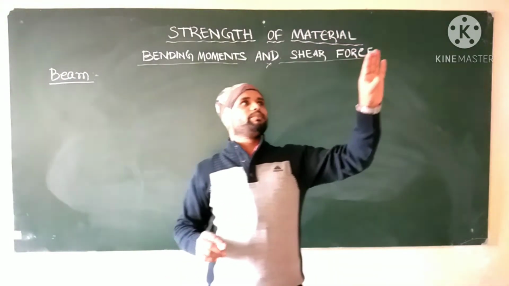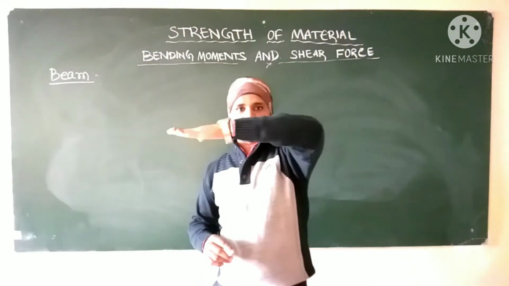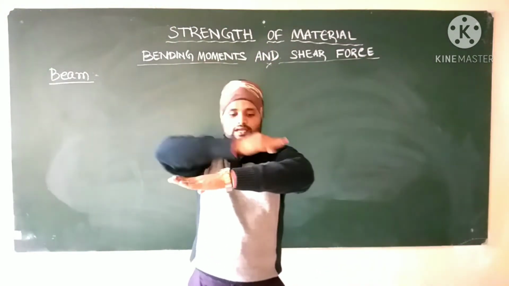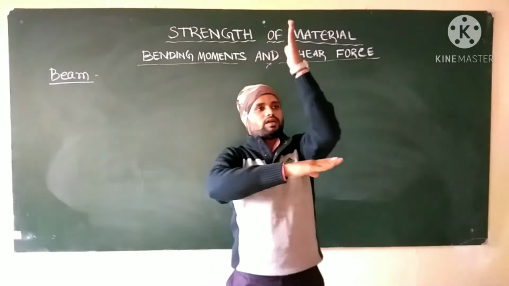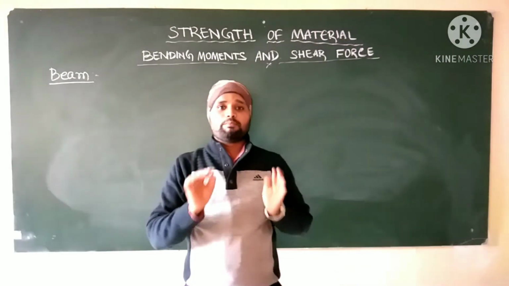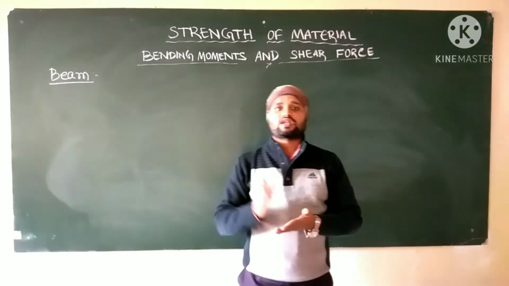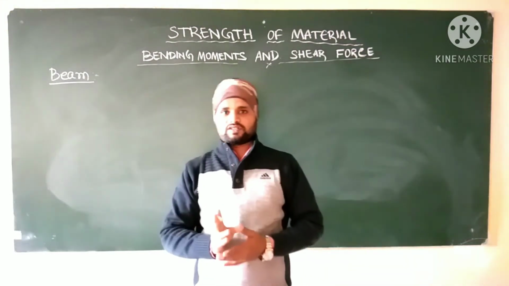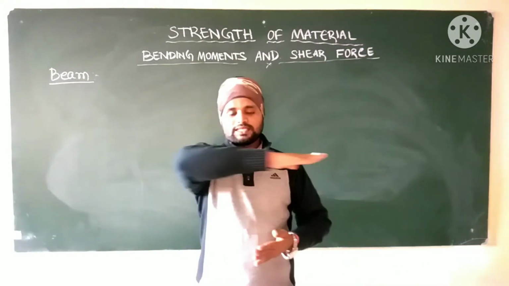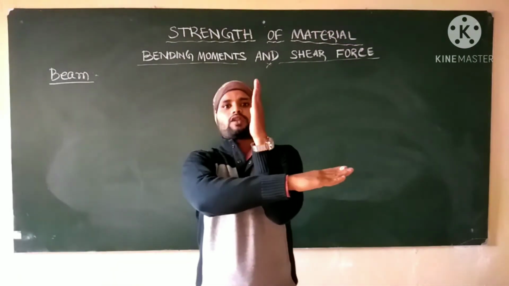That means in a building there will be a beam, a horizontal structural member, and force acts on it perpendicularly. This is the axis of the beam, and the force is applied vertically, perpendicular to the beam. More than one external force acts on this beam at a right angle to its axis, that is, 90 degrees.